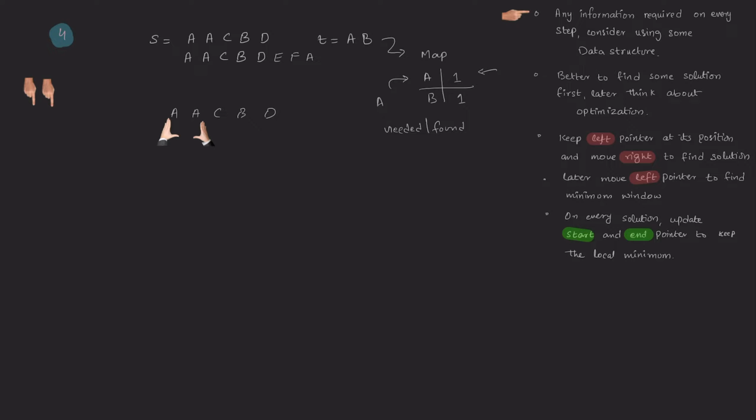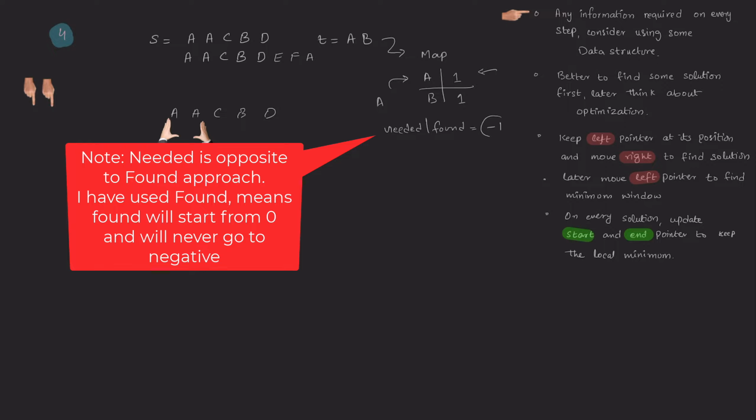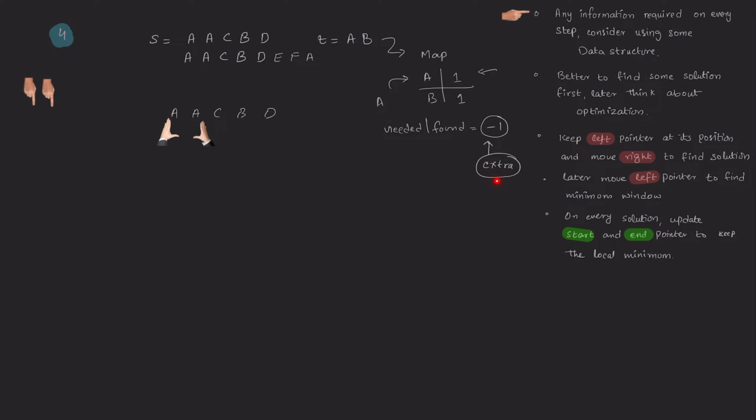So it means that we are thinking about how many characters were needed or found. If it goes to -1, it means that we have some extra. There are some duplicates. So that will help us to reduce the size of the window.